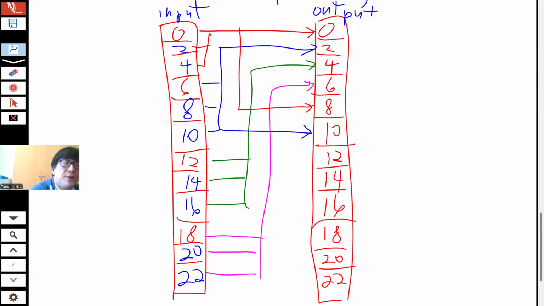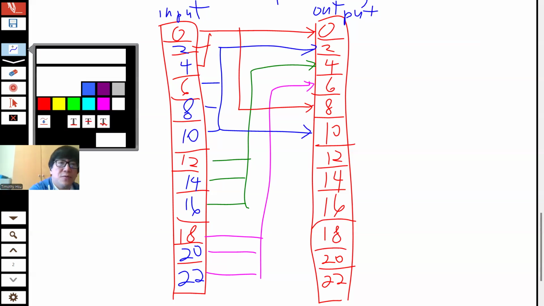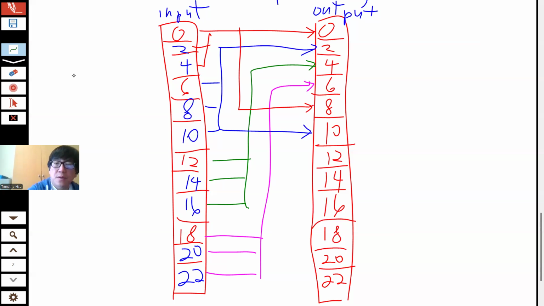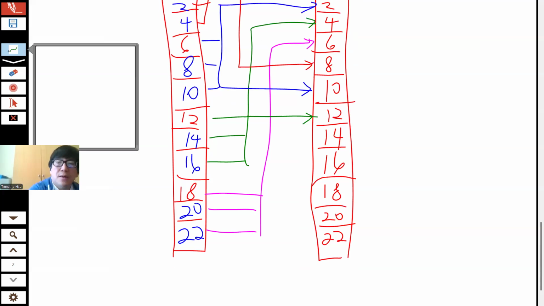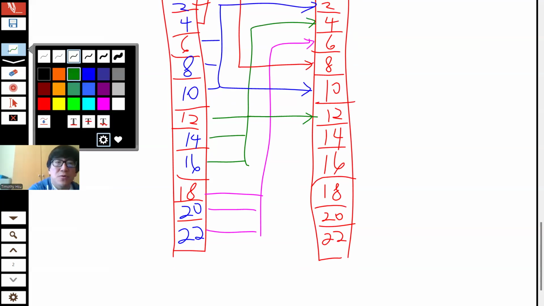The next three inputs are what goes to 12. And the last three inputs go to the output 14.